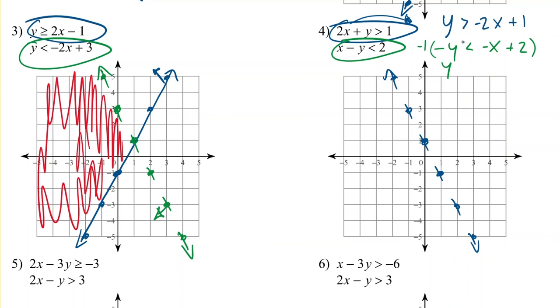When we multiply by a negative, make sure we reverse our inequality symbol. And now we're changing the sign of everything. So our y-intercept is -2, and our slope is up 1 over 1. Slope is 1. And we don't have the equal sign, so it's a dashed line as well.